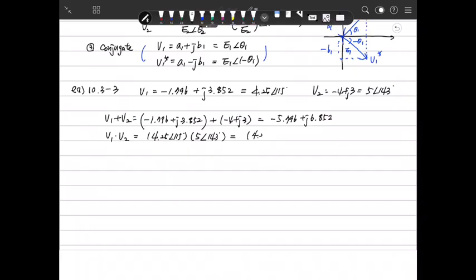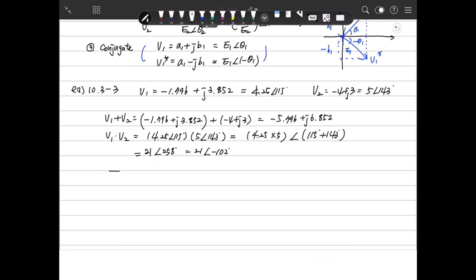So 4.25 multiplied by 5, and the phase angles are added, plus 143 degrees. So that will be 21, and the angle is 258 degrees. Another form is minus 102 degrees.